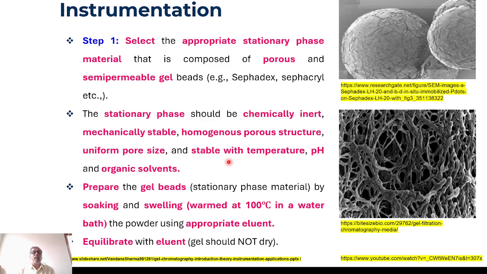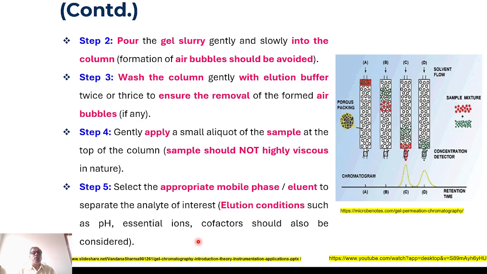And you can equilibrate the gel. When you add gel slurry into the column, you equilibrate with the mobile phase which you are going to use. See that the gels should not dry. This is very important. Now pour the gel slurry very gently into the column. Air bubbles should be avoided. Then step 3, you wash the column or equilibrate the column with the elution buffer or the mobile phase.